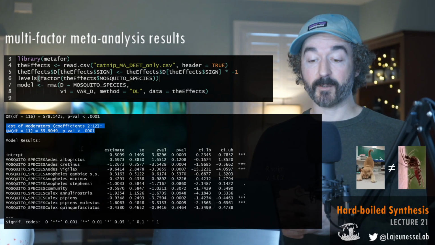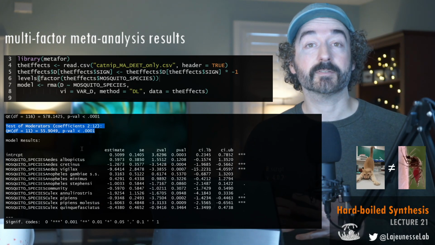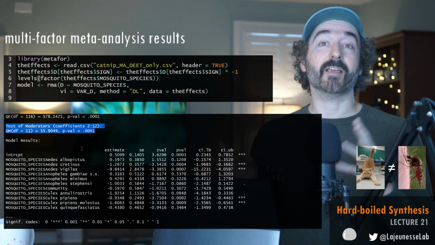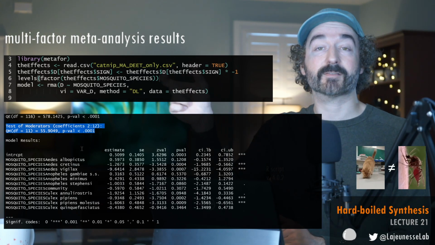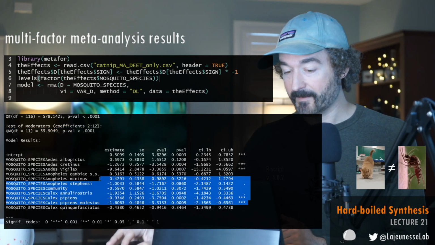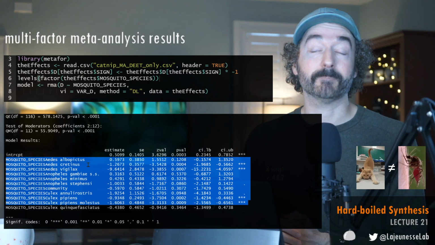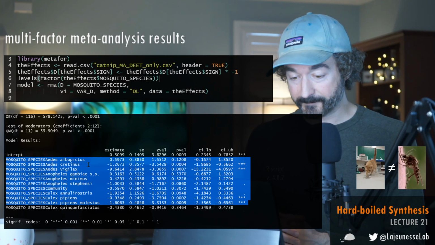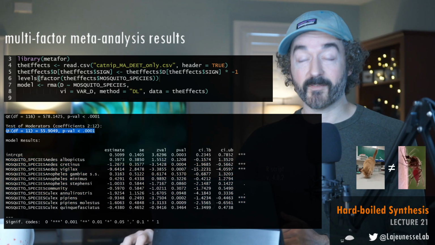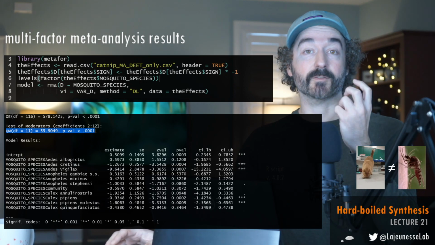It says here with degrees of freedom of 11, means we have 12 groups, 12 categories. Somewhere in there, there's a pairwise difference between the species. And you could actually see it here. There's a whole load of species of mosquito that differ from Aedes aegypti. And so this is the omnibus test that provides that conclusion.